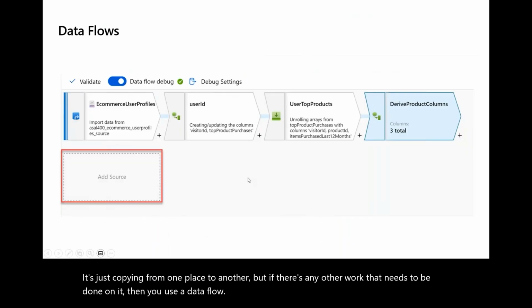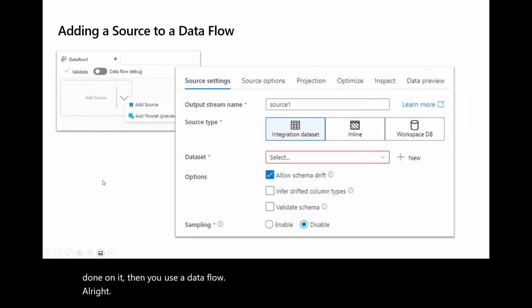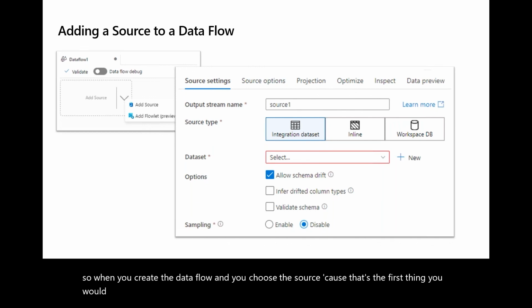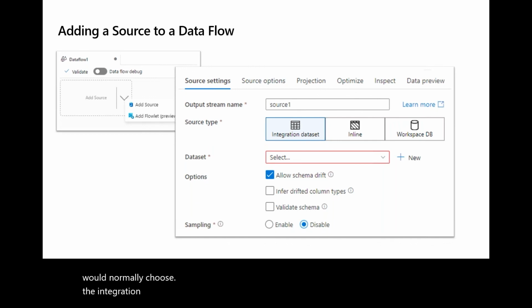All right, let's go back through some of this. So when you create the data flow and you choose the source, because that's the first thing you would normally choose, the integration data sets are the reusable entities that can be used in this and other data flows. And they're basically defining a schema.